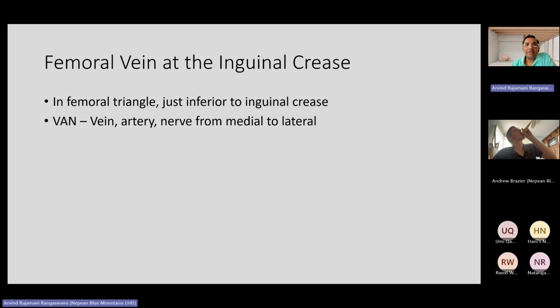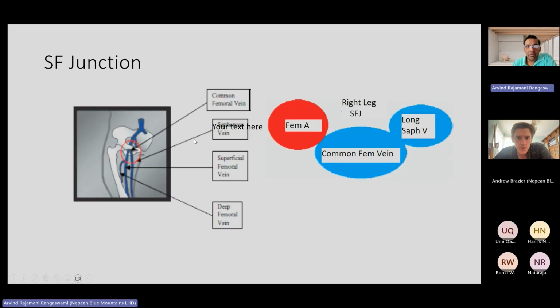How do you identify the femoral vein at the inguinal crease? If you draw a line from the pubic symphysis to the anterior superior iliac spine, along there you're going to have the vein, artery, and nerve in a VAN configuration from medial to lateral. You'll have the vein, artery, and nerve, but we are not focusing on the nerve.